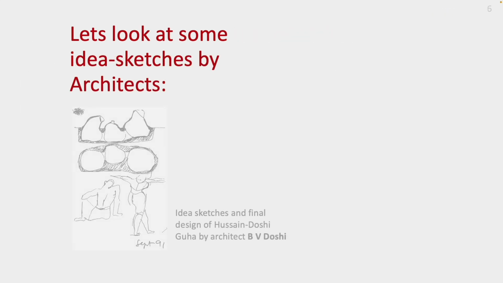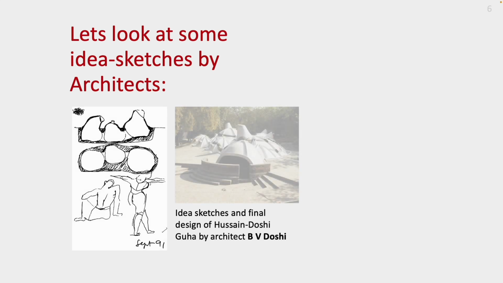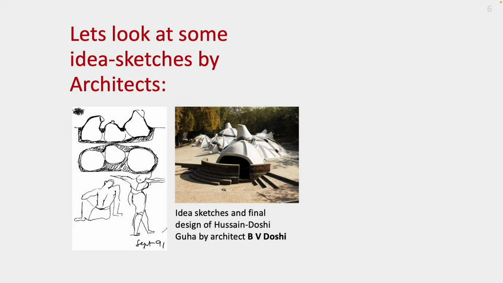These are sketches by architects. This is by our famous architect B.V. Doshi. It's the design of the Husain Doshi Gufa, which is underground, and part of it you can see above the ground, and you can look at his rough sketches, which are basically ideation for this. Let's look at another one.